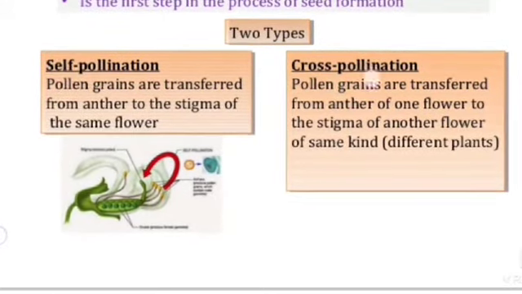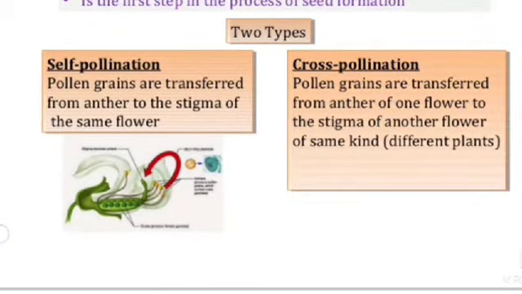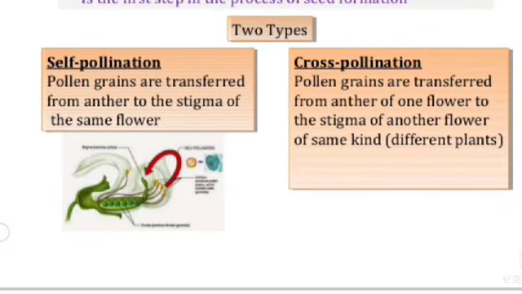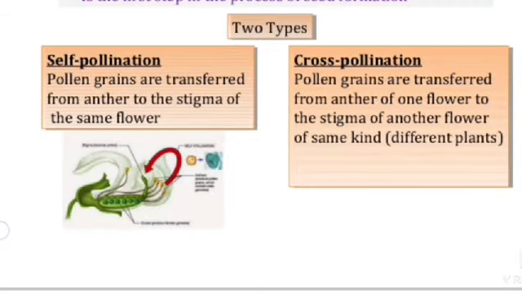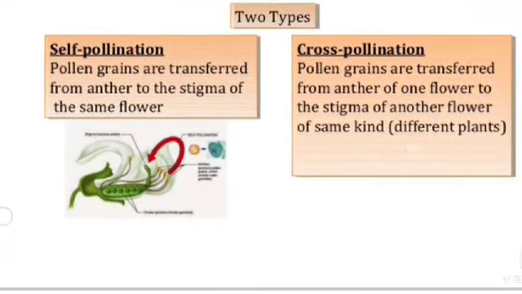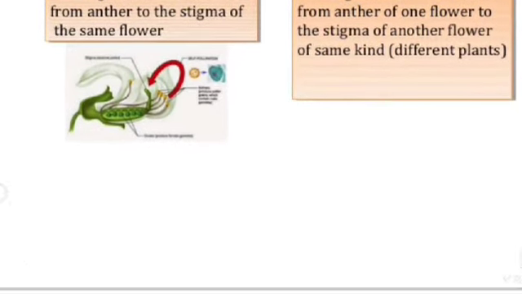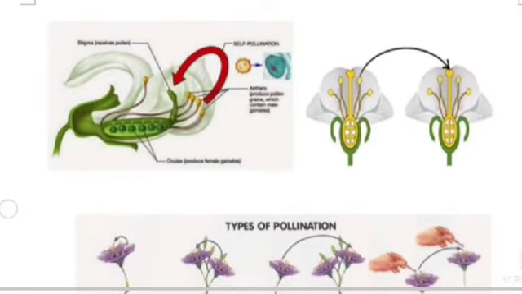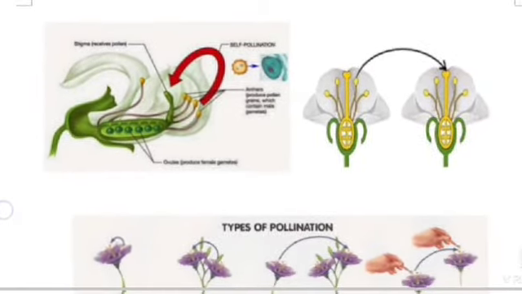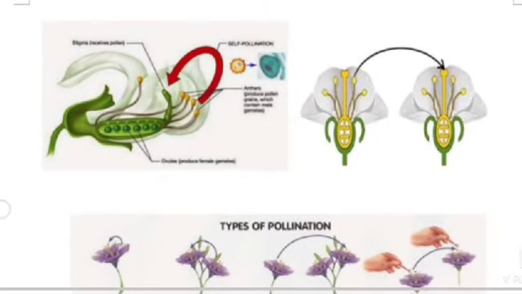Cross-pollination: pollen grains are transferred from the anther of one flower to the stigma of another flower of the same kind in different plants. See self-pollination and the other one called cross-pollination.